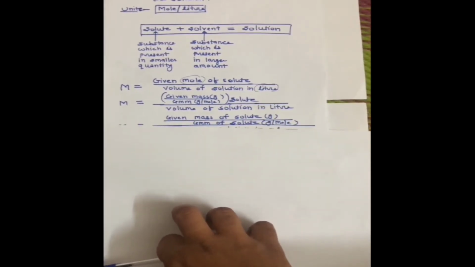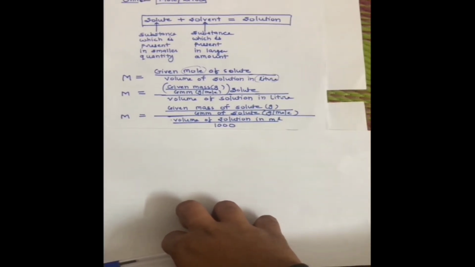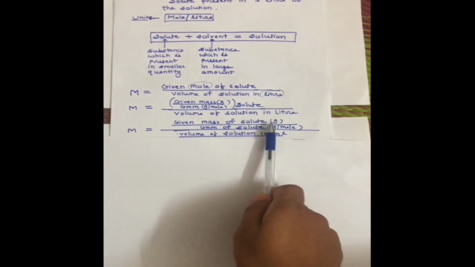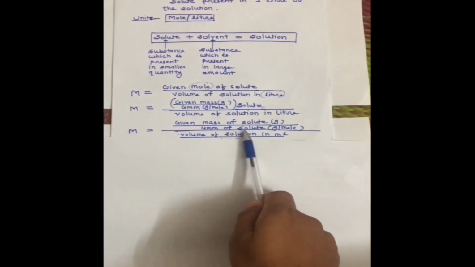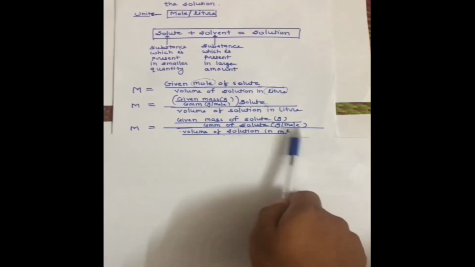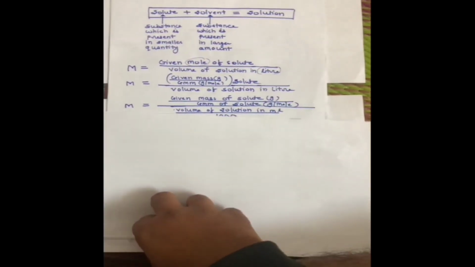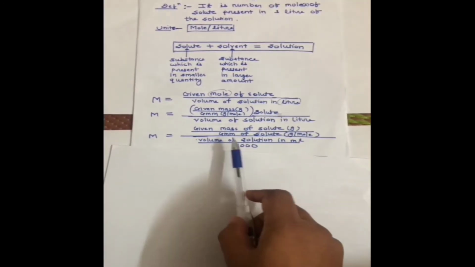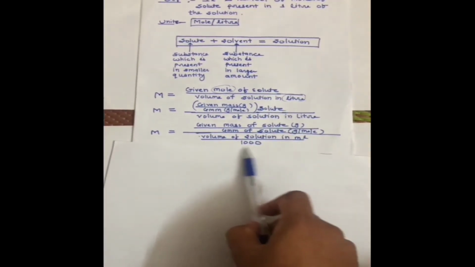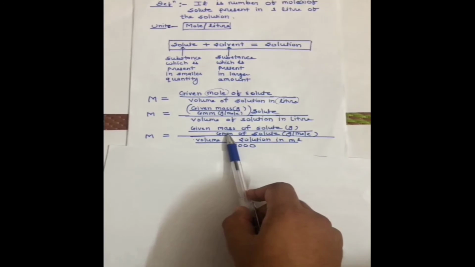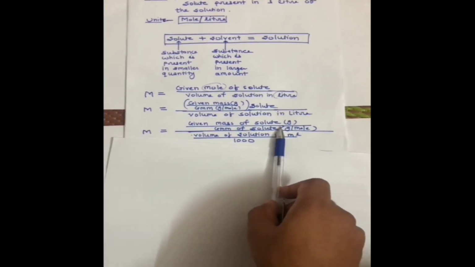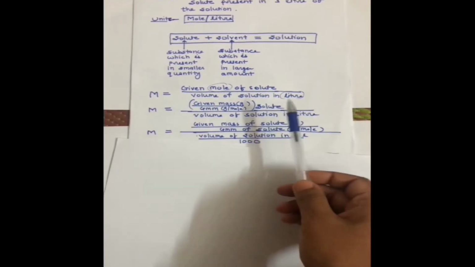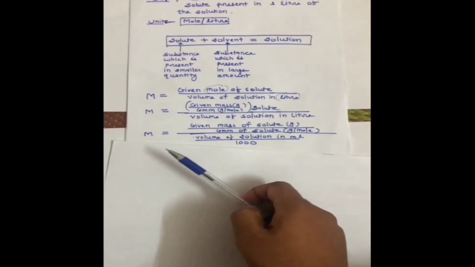If the solution volume is in ml, then no problem: molarity equals given mass of solute divided by GMM of solute, whole divided by volume of solution in ml divided by 1000. This is the simple expression for molarity. With its help we can solve any kind of numerical, which we will frequently use in our lesson.